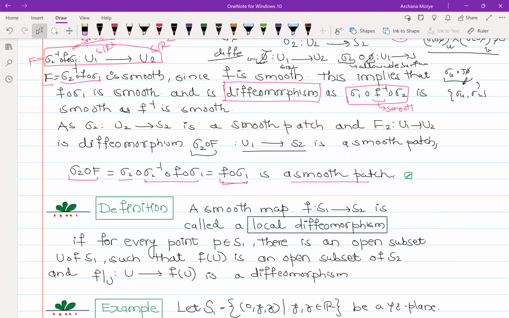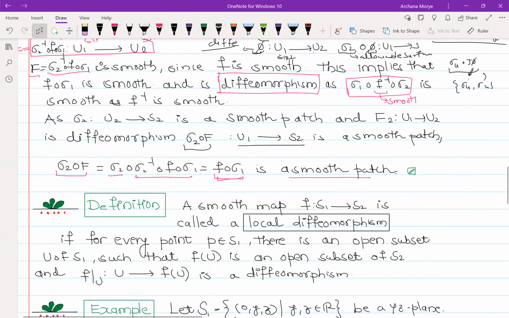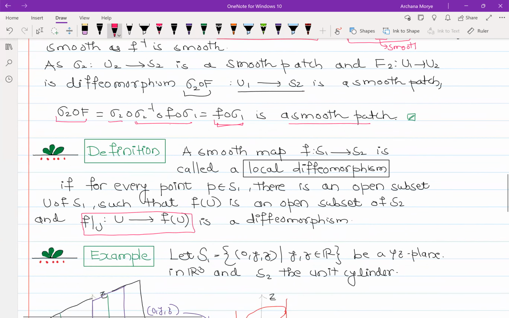So sometimes even a local diffeomorphism is sufficient for us. So what is a local diffeomorphism? If for every point P, you can find an open neighborhood where your function is a diffeomorphism. So it may not be globally a diffeomorphism, but locally it is. That is the definition of a local diffeomorphism.